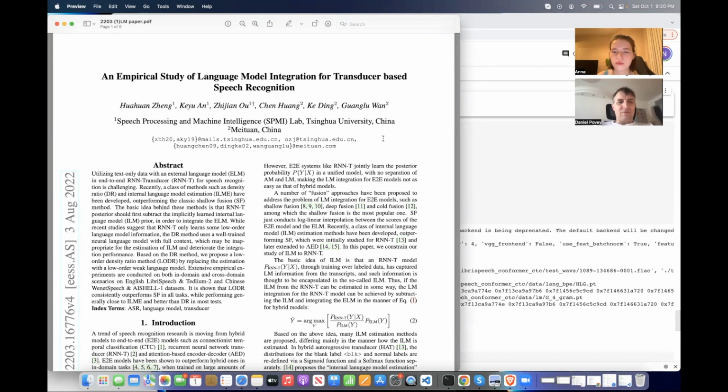I think a symbol level bigram, like BPE level or something like that. They subtracted the bigram as a kind of replacement for the internal language model of the RNN-T, and they got some nice improvements. So we're going to try to replicate that.